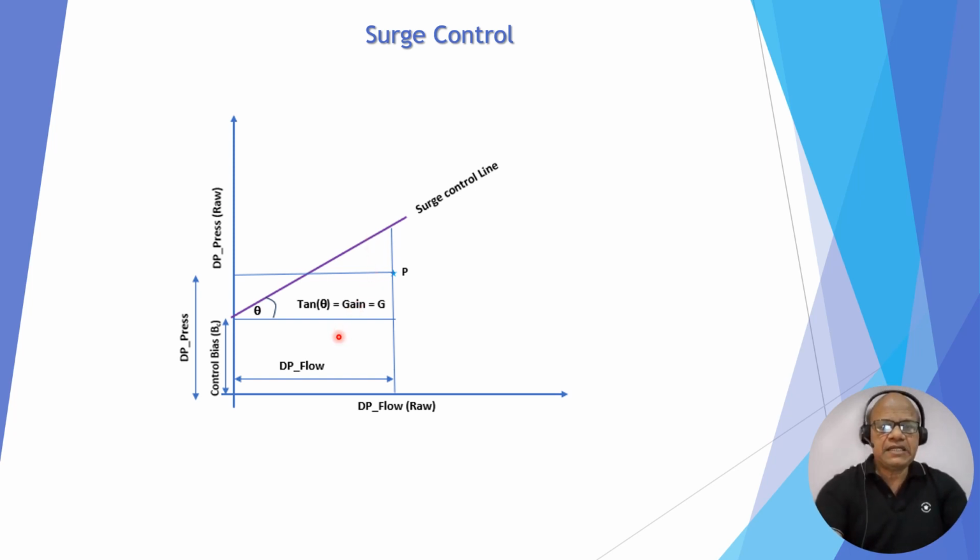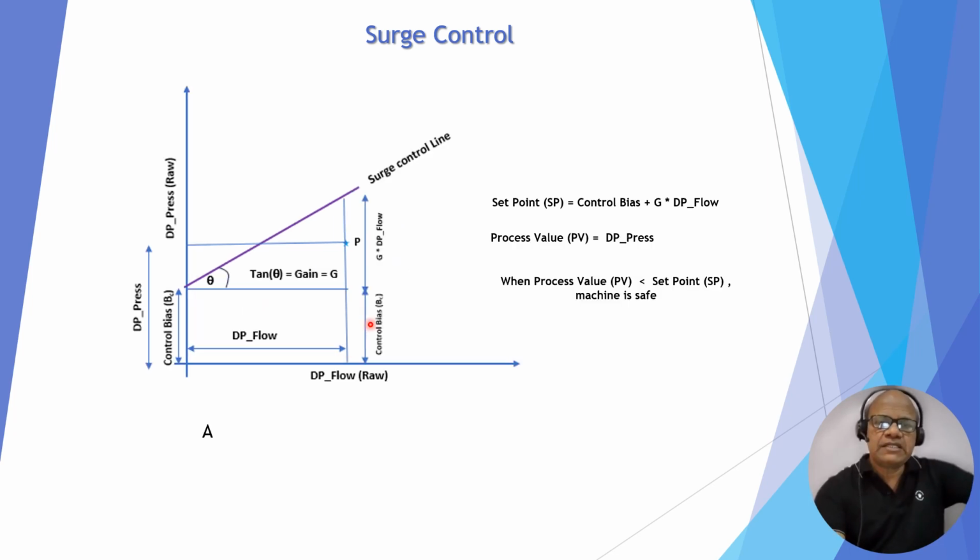But tan theta, which is called the gain or slope, let's call it G. So tan theta, the slope, is equal to this divided by this, which is also called G. Now if you multiply G into dp flow, this will be this much, because the slope, this divided by this, is G. So G into dp flow will give this much height.